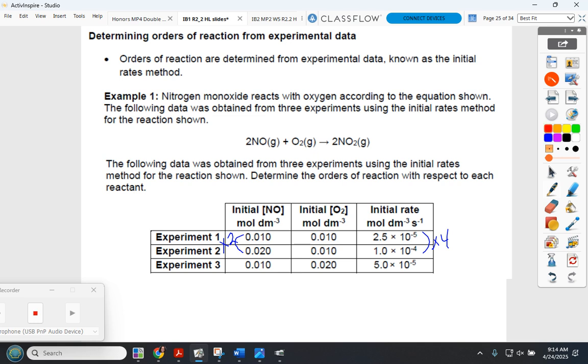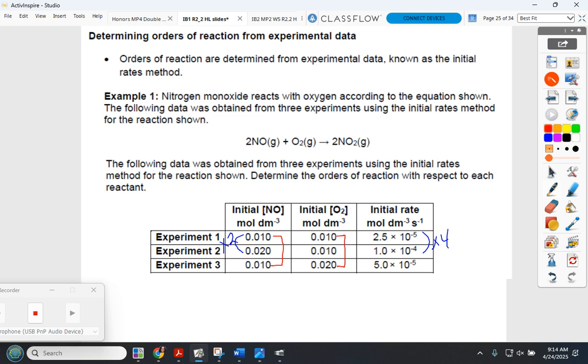Now we want to look at not 2 versus 3, because we're changing both of those things between experiment 2 and experiment 3. We want to look at 1 versus 3, because in this one, we're keeping the NO the same, and we are doubling the O2. Okay.